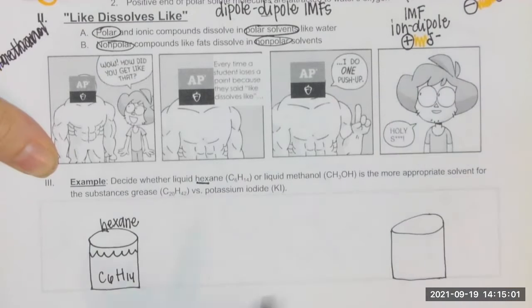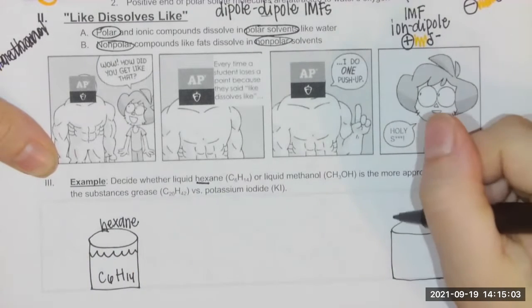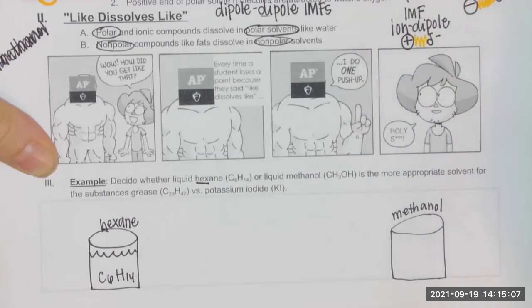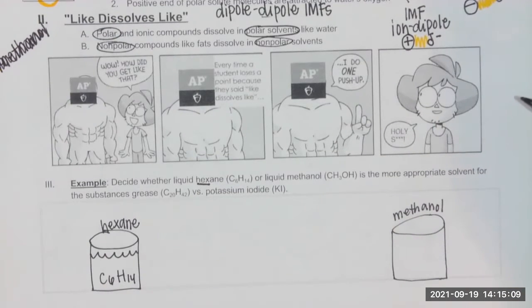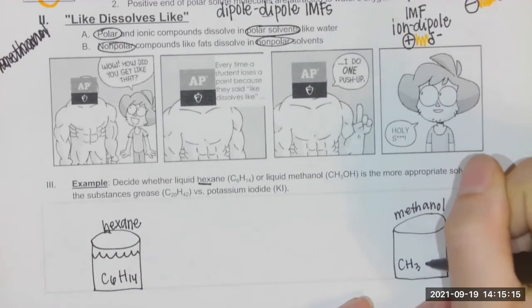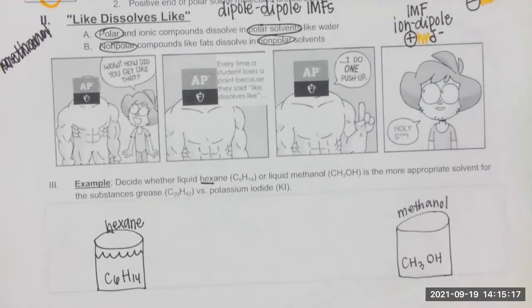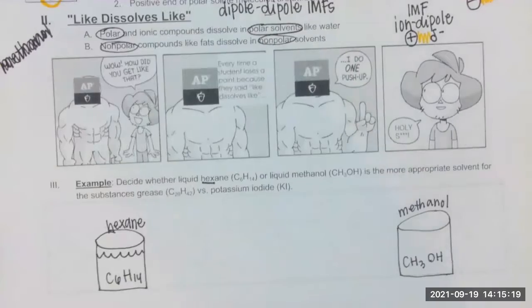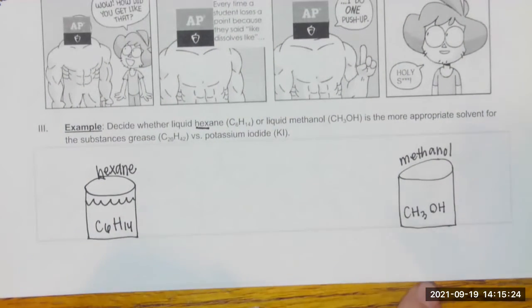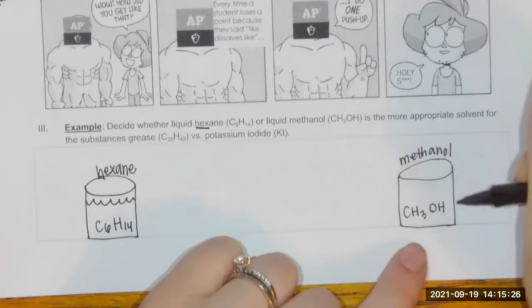Our choices were hexane and methanol. Methanol is the one that makes you go blind, and you have to drink a bunch of ethanol, get really, really drunk in order to not go blind. And I'm going to draw methanol for you, CH3OH.